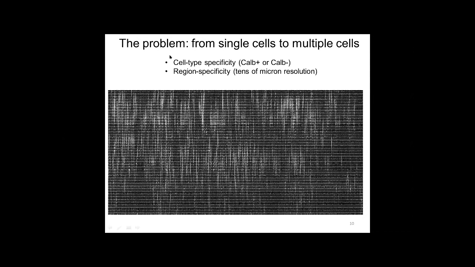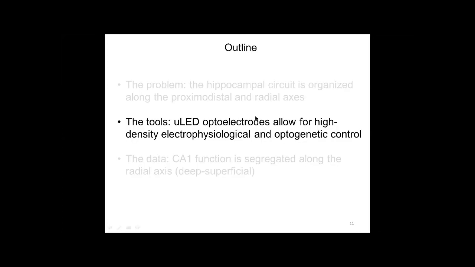So the problem is posed: we need to be able to extract information regarding cell type specificity, for instance whether the cell is calbindin positive or calbindin negative, and regional specificity in terms of the tens of microns that I was mentioning before. So how do we study the hippocampal organization at a large multicellular scale with enough specificity in terms of cell type and region? That is the challenge.